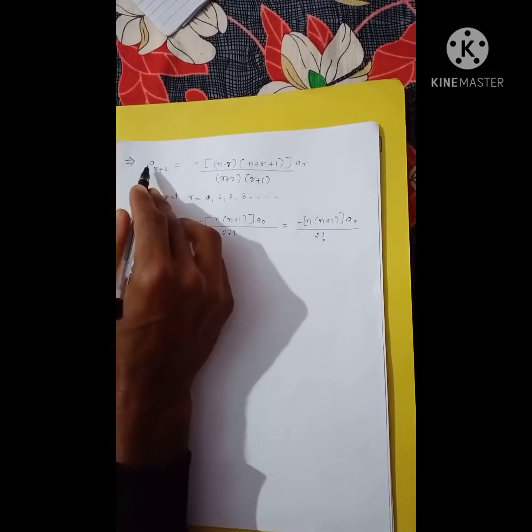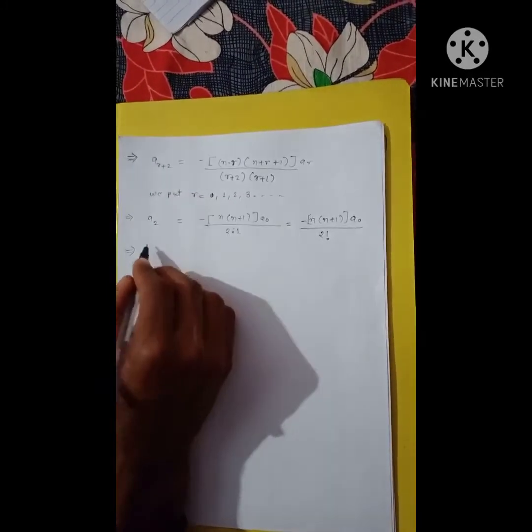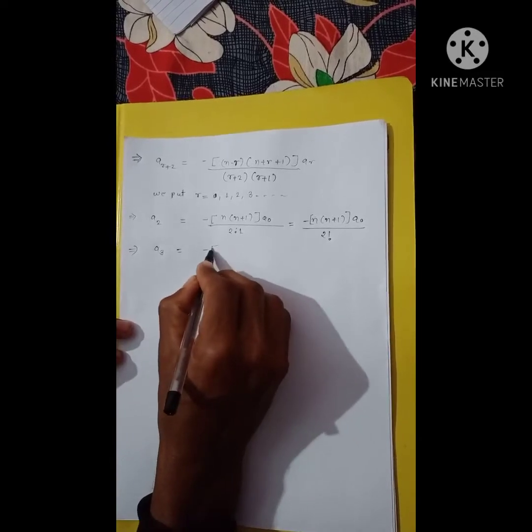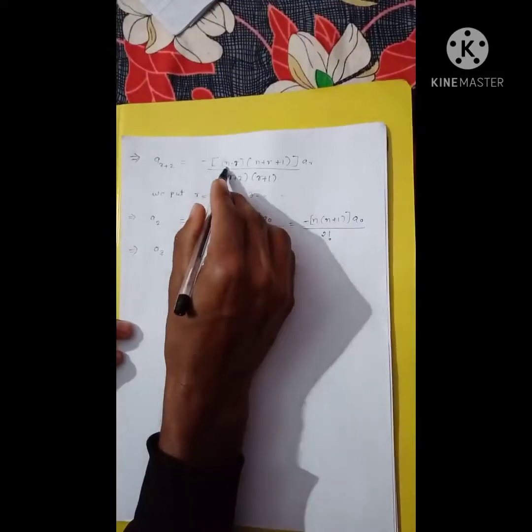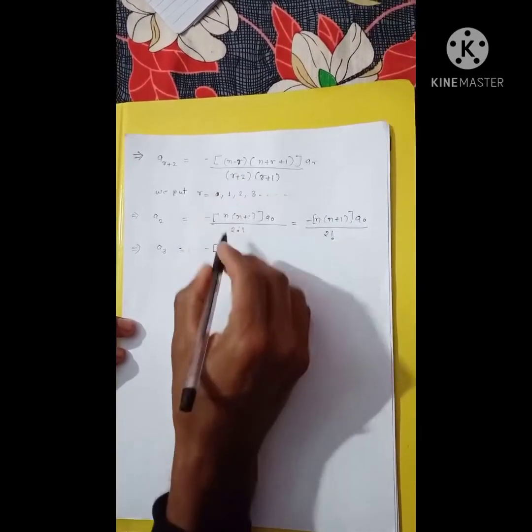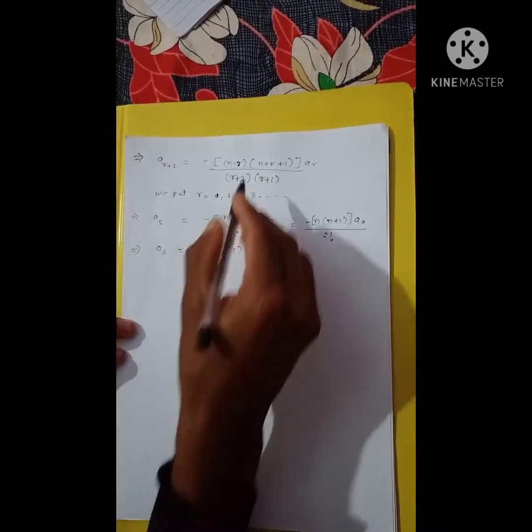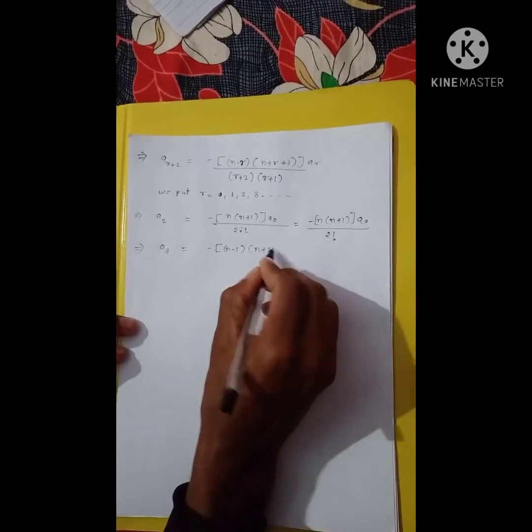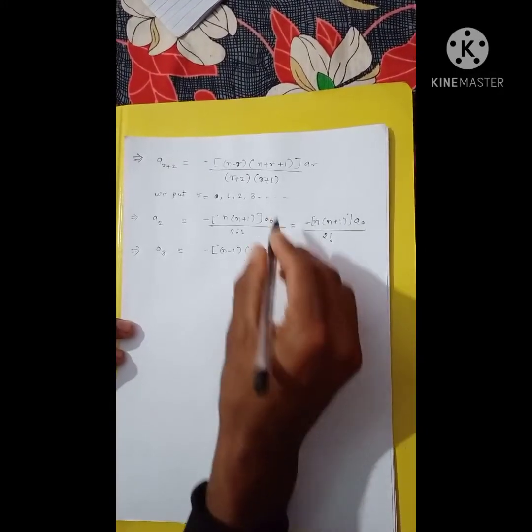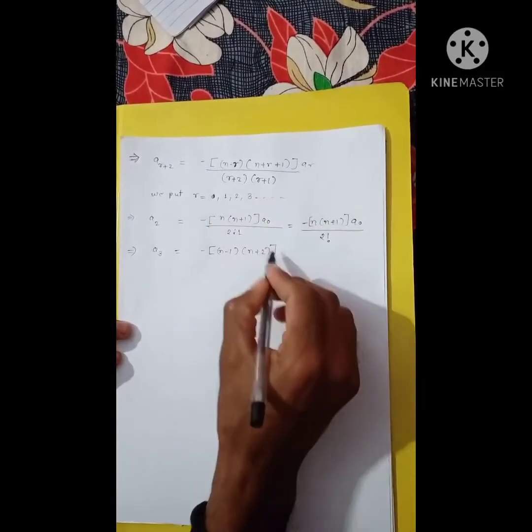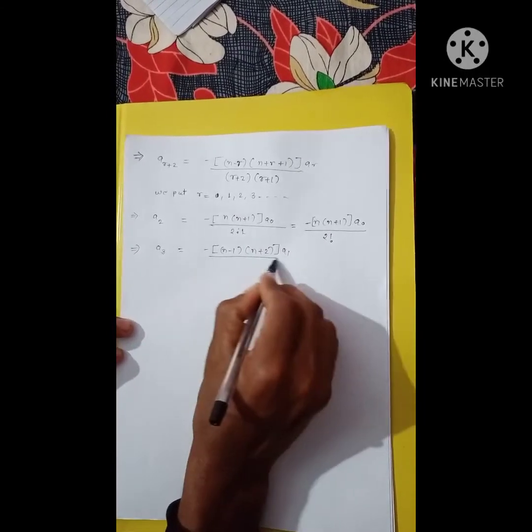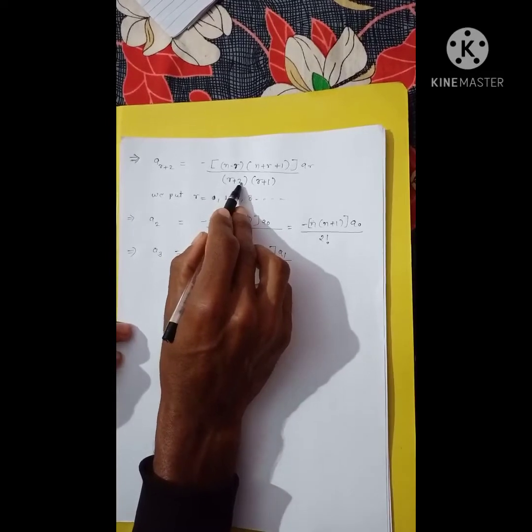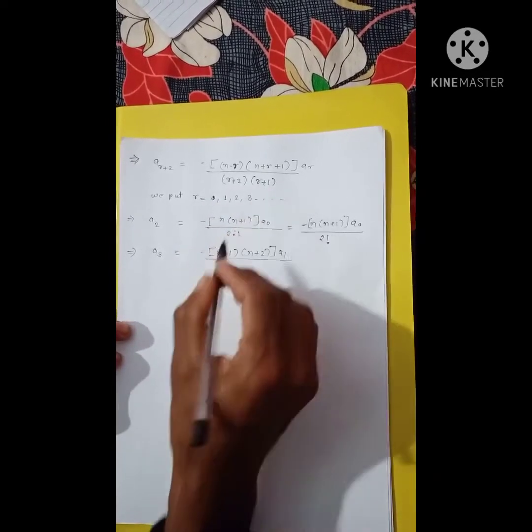So when r is equal to 1, this term becomes a3 is equal to minus (n minus 1), and (n plus 1) becomes n plus 2, into a1 upon (1 plus 2), which becomes 3, and (1 plus 1), which becomes 2.